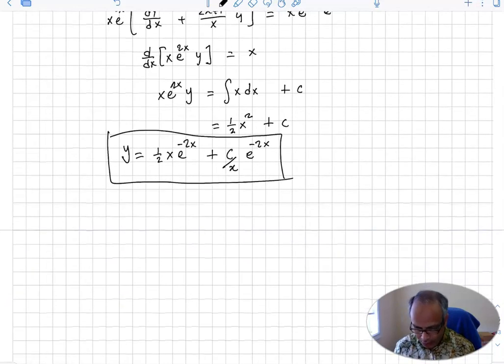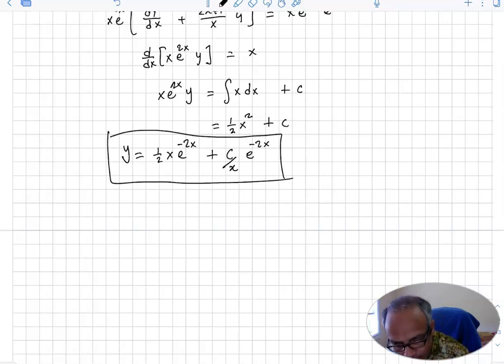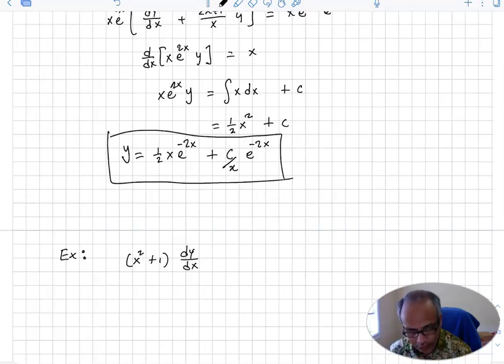Okay, so let's take a second example. And again, this is a first order linear differential equation, and this time we are going to consider a condition.